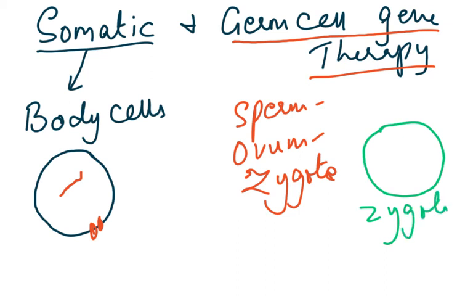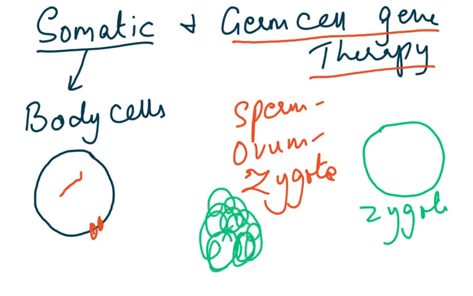When a human being develops from this zygote, first it forms a ball of cells. Every cell of this person will have that allele. And when that person grows up, he would have it in his reproductive cells as well: if he's a man, in the sperms, and if she's a woman, in the ovum. So, are we okay with that, or are we really not okay with this?